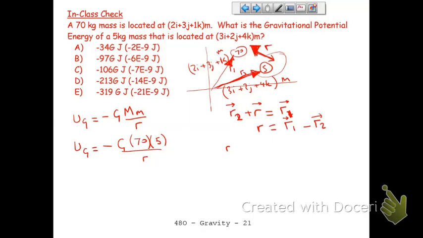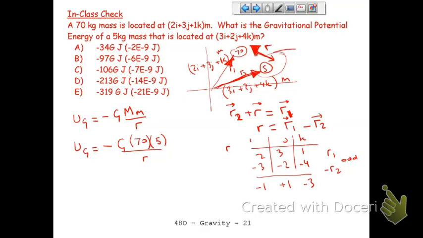So R, let's do ijk. R1 is going to be 2, 3, 1. Minus R2 is going to be minus 3, minus 2, minus 4. We've got to add those two together. So we get minus 1, plus 1, minus 3.